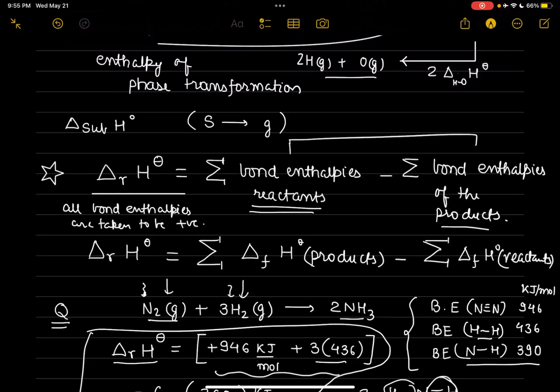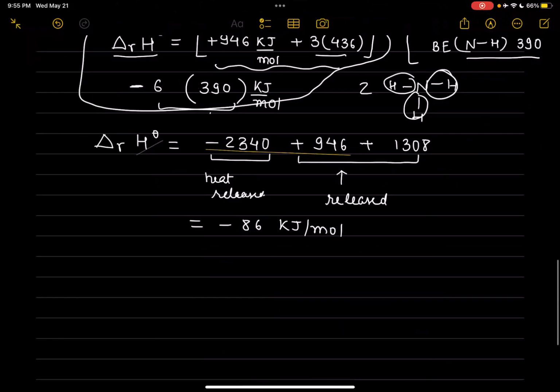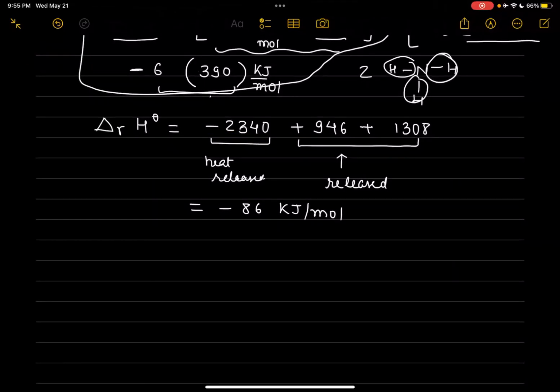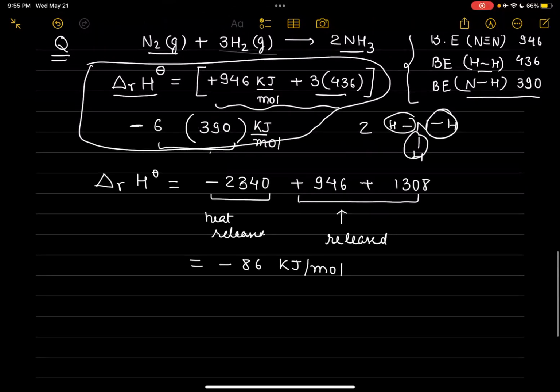Got it? Remember this. And they are all in gaseous form, so I can directly apply the bond enthalpies. Is it clear?